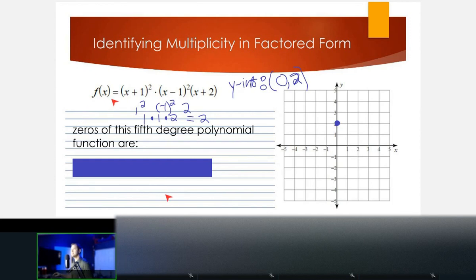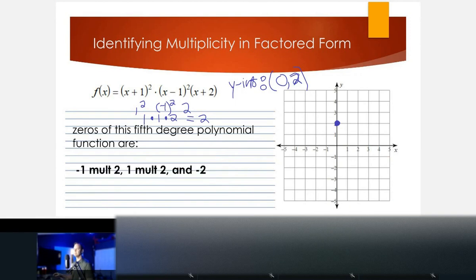All right, class. What are the zeros of this fifth degree polynomial? What are the zeros? So we got negative 1, multiplicity 2, 1, multiplicity 2, and negative 2. Okay. All right.